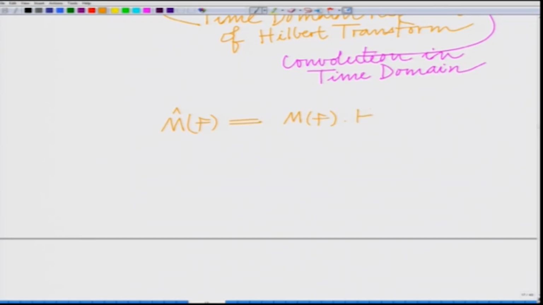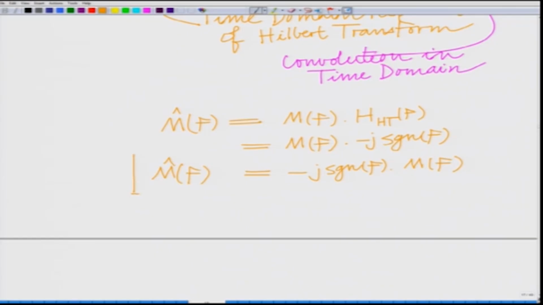So, this is M of f into H of f, which is basically your M of f times minus j sgn f. Okay.